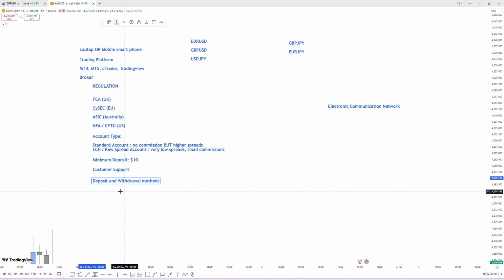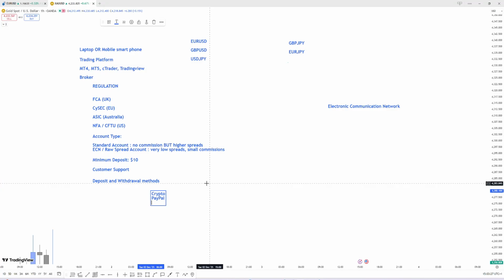This certainly depends on your location, but at least you would like to go for a brokerage firm that supports the easiest deposit and withdrawal methods in your location that you can easily access, either through normal bank transfer, PayPal, Skrill, Neteller, credit or debit card, or crypto.